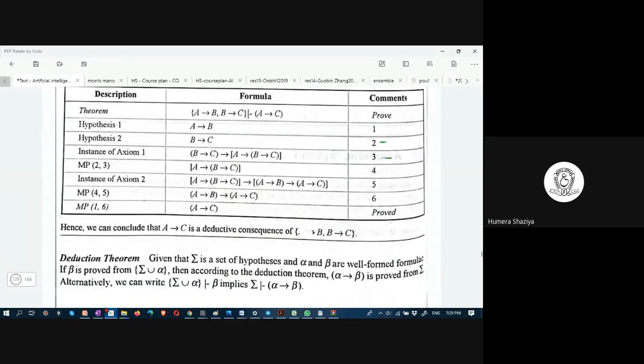When you apply MP on the second and third statements, what is the second statement? B implies C. And what is the third statement?